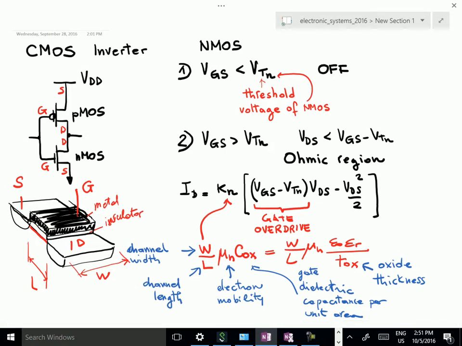Just to stress the fact that this Kn is partly a function of materials and partly a function of geometry.